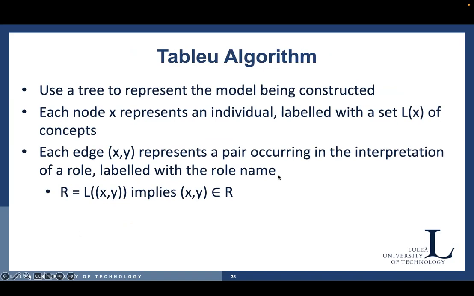The algorithm itself is that, given a certain definition or logical sentence, it builds a tree that represents this sentence. In this tree, the edges correspond to relations between different individuals.